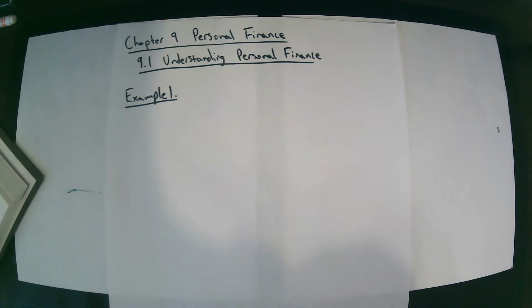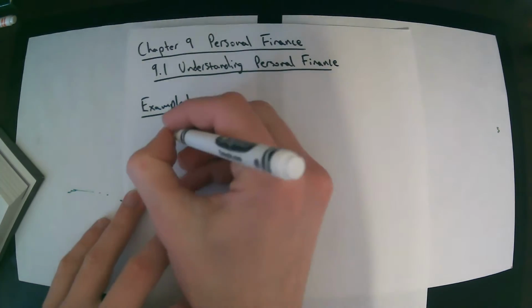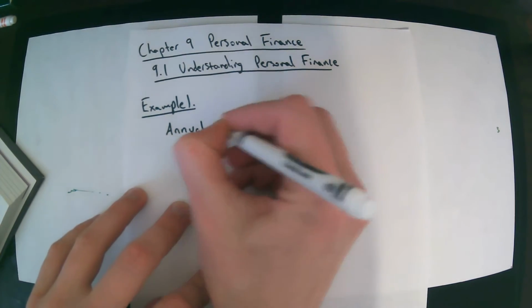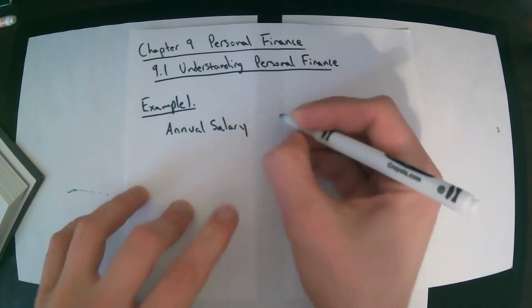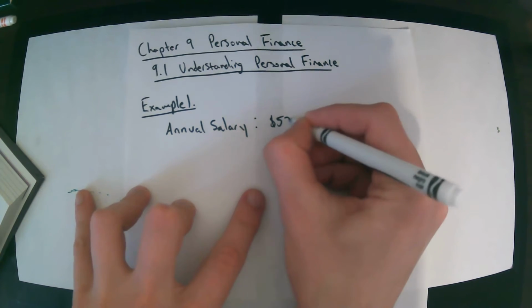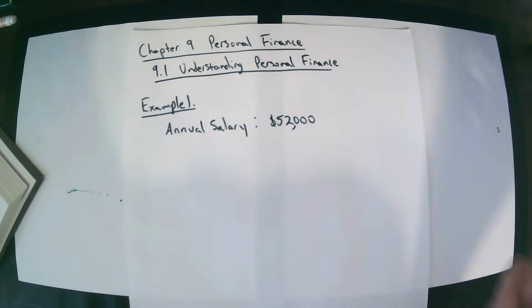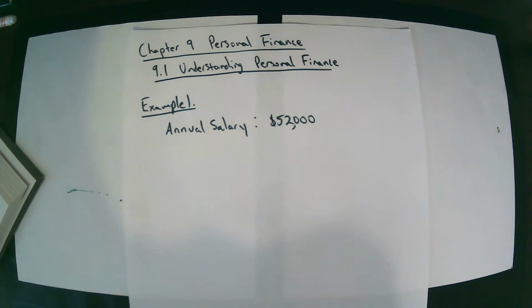Okay, so example 1 says determining federal income tax. Jamie graduated from college in 2013 with a degree in accounting. Her first job pays an annual salary of $52,000. So I can say annual salary $52,000. How much should she expect to pay in federal income tax for this salary if the federal tax rate is 15%?